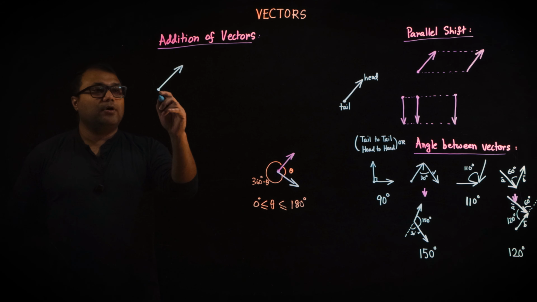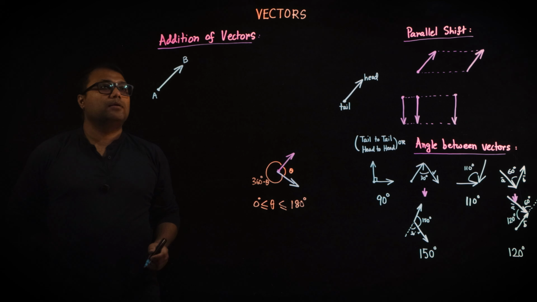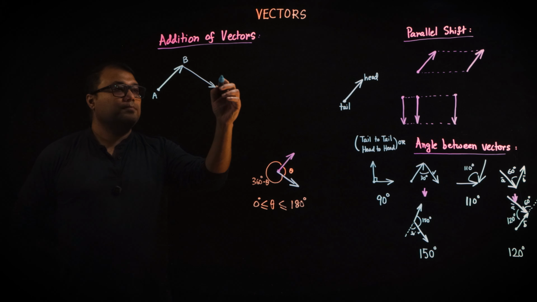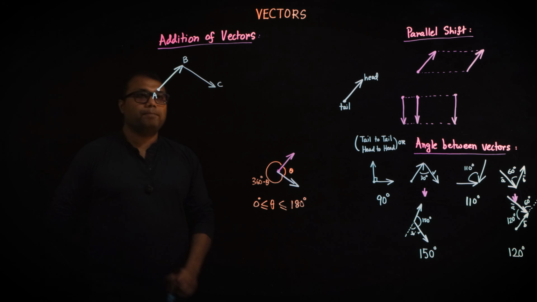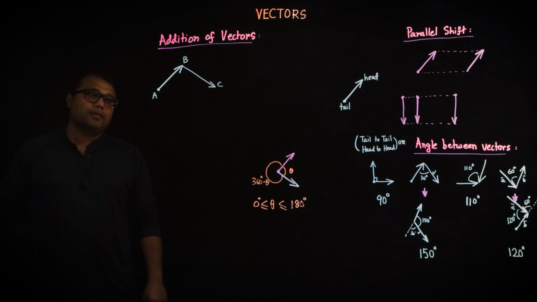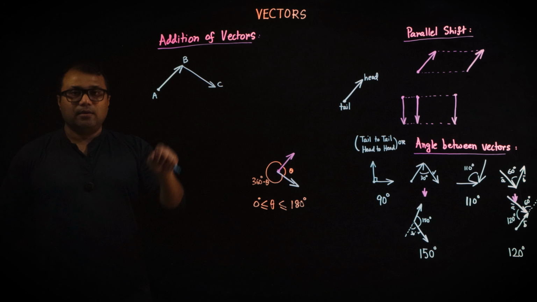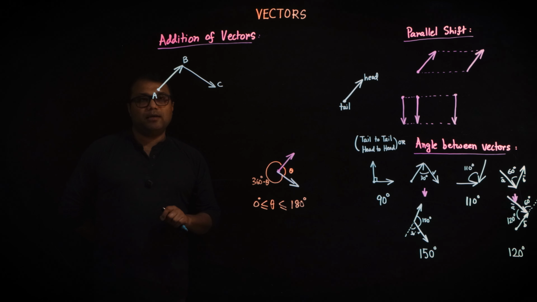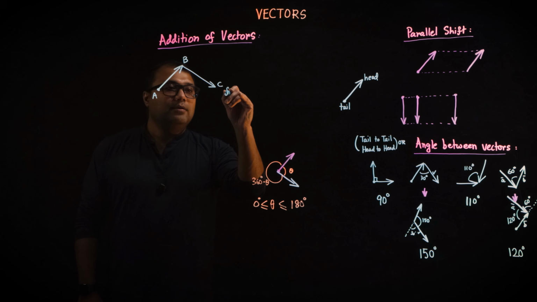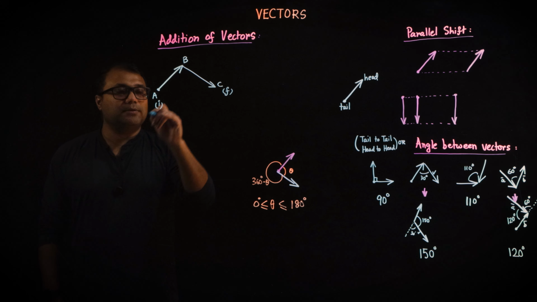So I move from A to B, and then I move from B to C. Now after this journey is done, if someone asks me what is my net movement, there is a special term in physics for that. It's called displacement. Displacement is the difference between your final position and your initial position.